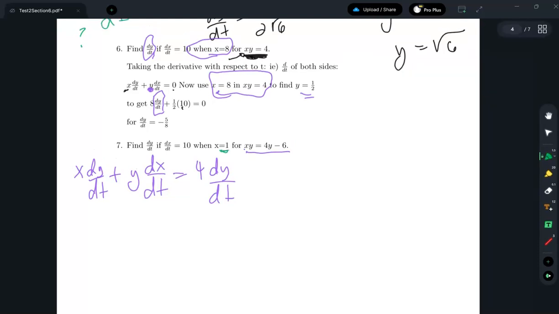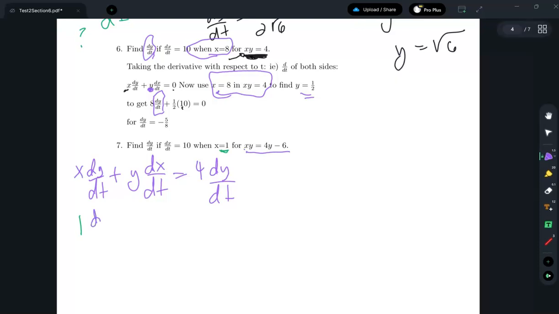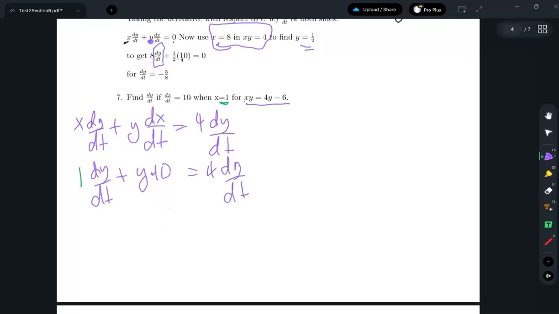I'm plugging in x is 1, right? I'm trying to find dy over dt, so I'm just going to leave that in there. Plus, I don't know what y is right now, but I do know that dx over dt is 10. Equals, and I've got 4 times this dy over dt, which is what I'm trying to find.